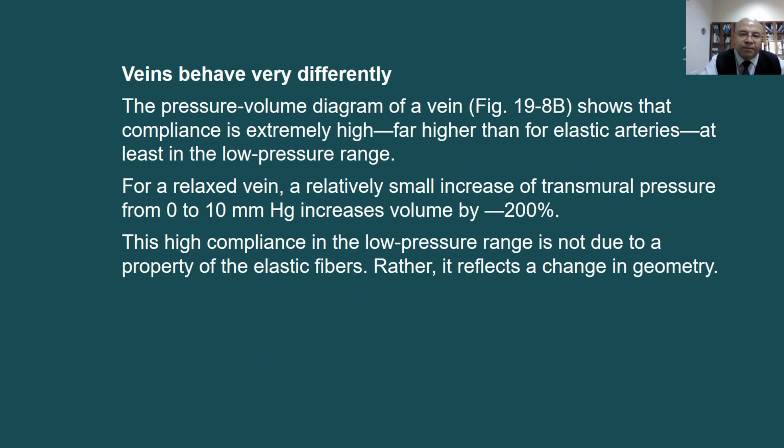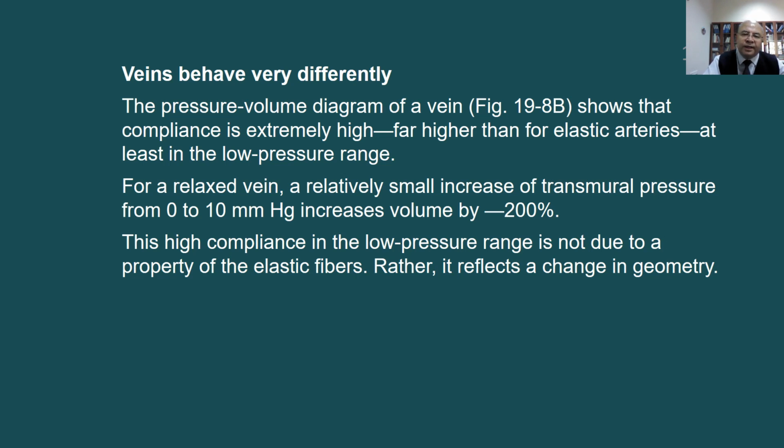Veins, on the other hand, behave very differently. The pressure-volume diagram of a vein in the figure shows that compliance is extremely high, far higher than for an elastic artery, at least in the low pressure range.